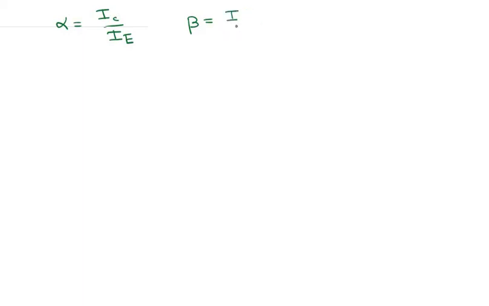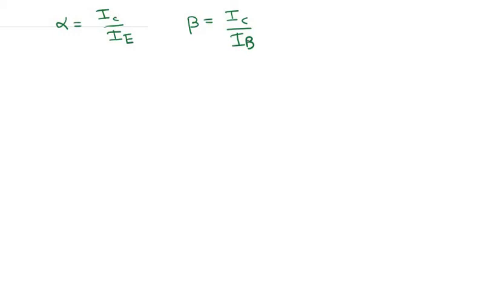Now these parameters alpha and beta are basically properties of the transistor itself. It doesn't depend whether the transistor is biased in common base configuration or in common emitter configuration, but alpha and beta are the properties of the transistor itself.